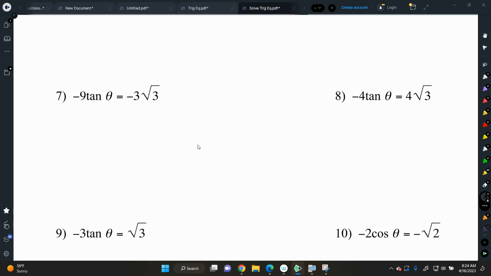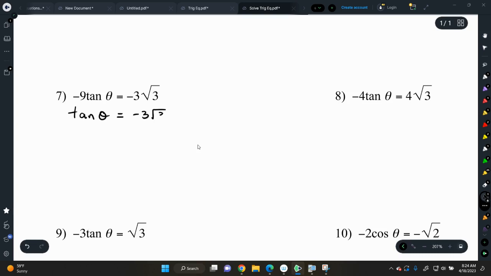Did you have any trouble with number 7? Yeah, number 7's a weird one. Tangents tend to be hard because they're y over x. So let's divide by negative 9. And we get negative 3 root 3 over negative 9. So tangent theta equals root 3 over 3.